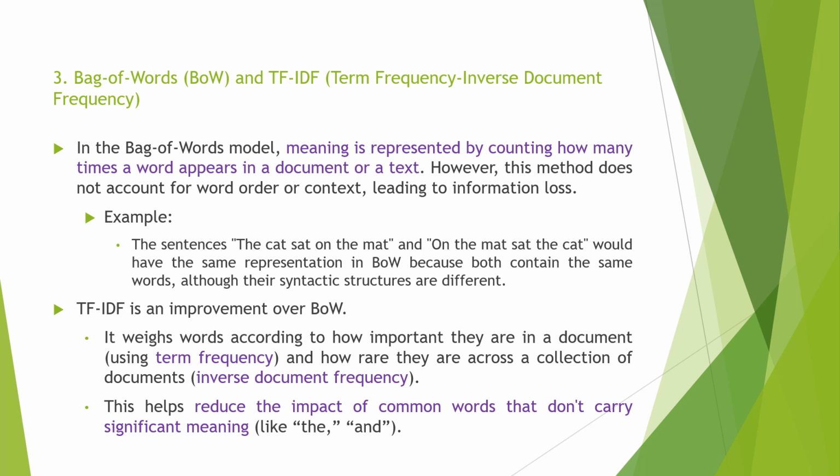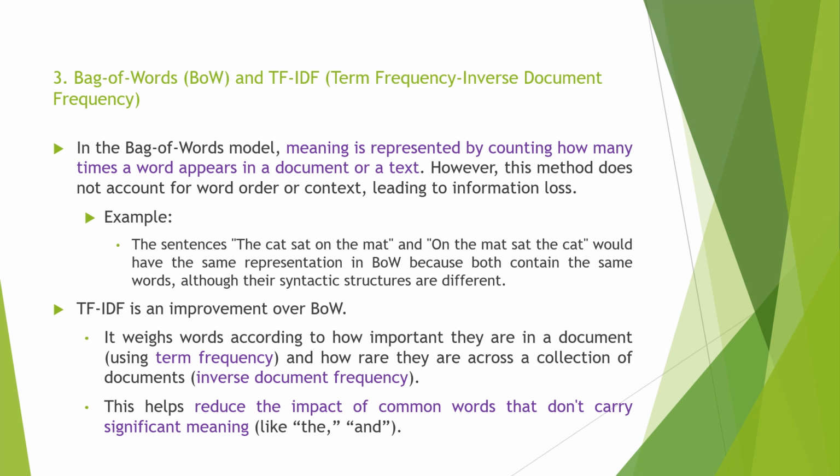So for example, the sentences the cat sat on the mat and on the mat sat the cat have the same representation in bag of words method. Both these sentences contain the same words, but their syntactic structure is different.